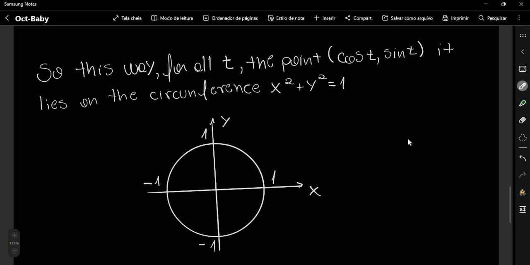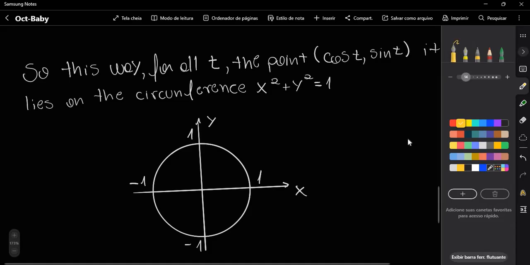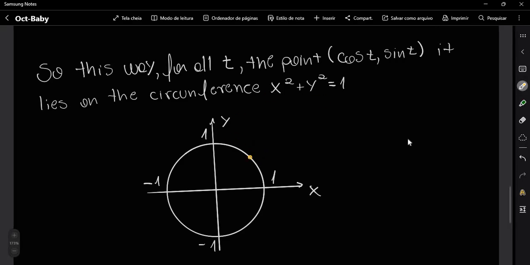And for example, if you wanted to know where is the point P, we can decompose your position in terms of sine and cosine.